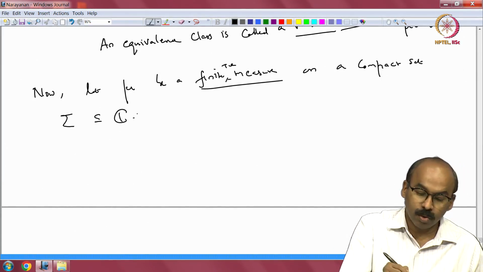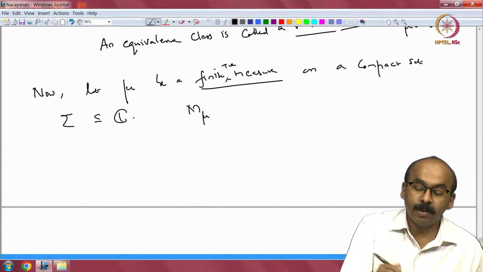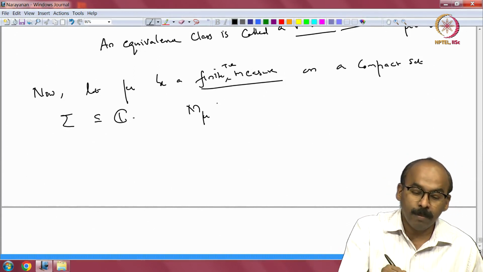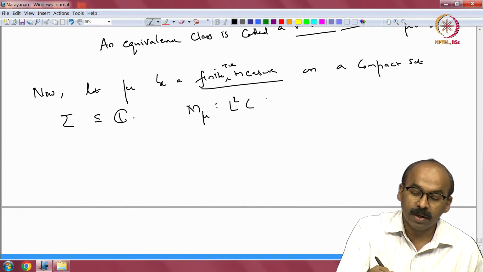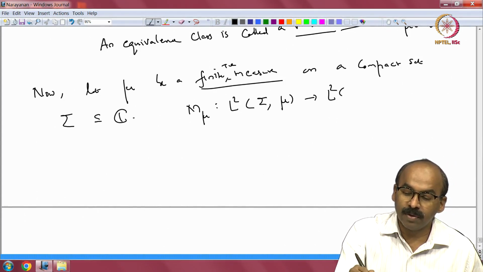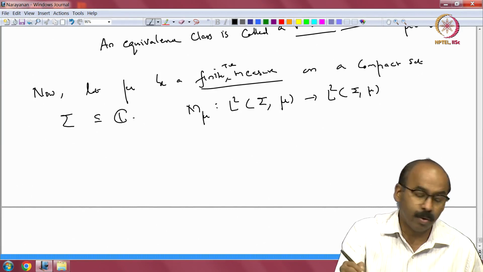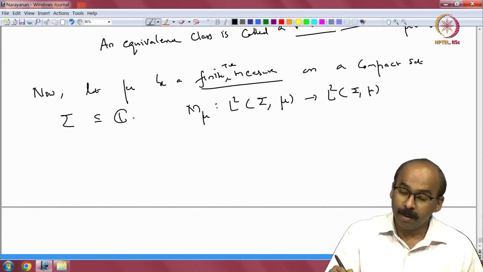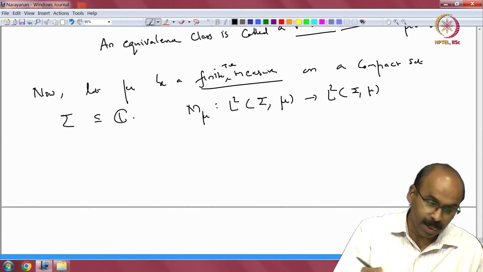Okay. So, M mu now is going to be multiplication by Z. So, M mu is from L2 of sigma, mu to L2 of sigma, mu, or you can look at the complex plane, mu is supported on sigma anyway.